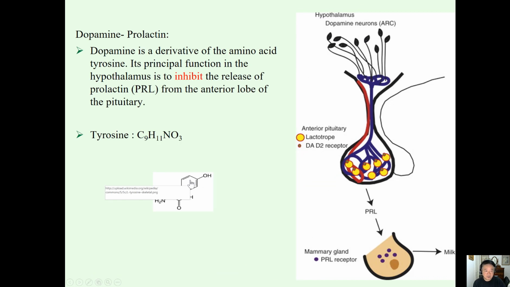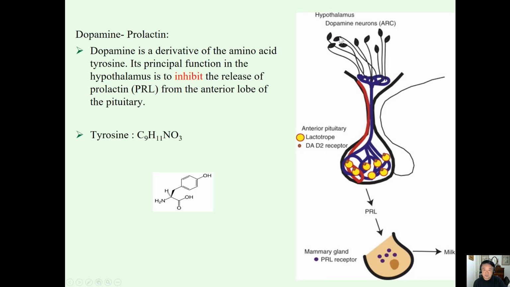The fifth pathway we mentioned just now is about the milk production here. This pathway is really linking into the dopamine. The dopamine actually regulates prolactin, and the effect is inhibition.